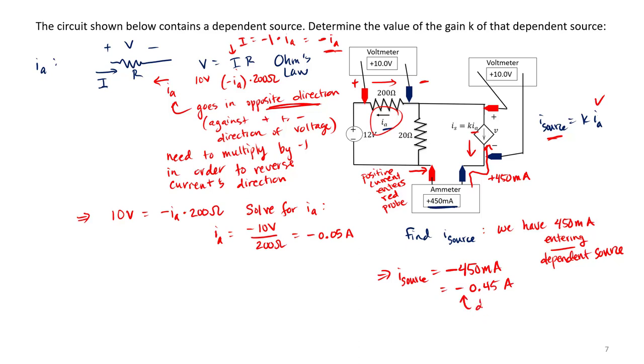Again, the negative is due to the current entering, not exiting, the source. Remember, if the current is flowing in the opposite direction, then we have to multiply by -1.